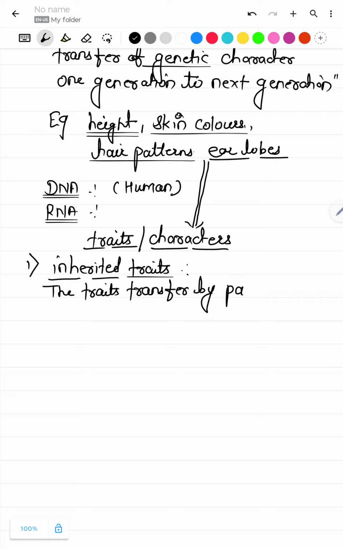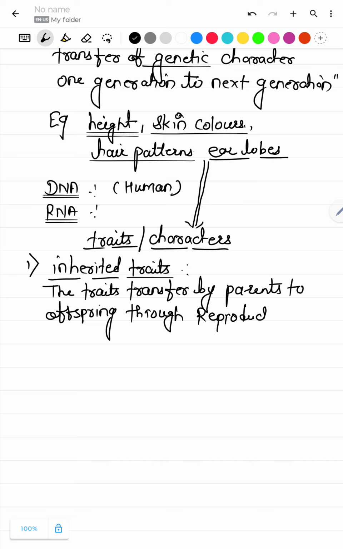Such a trait is controlled by the DNA, that is the basic genetic material present in the human body.